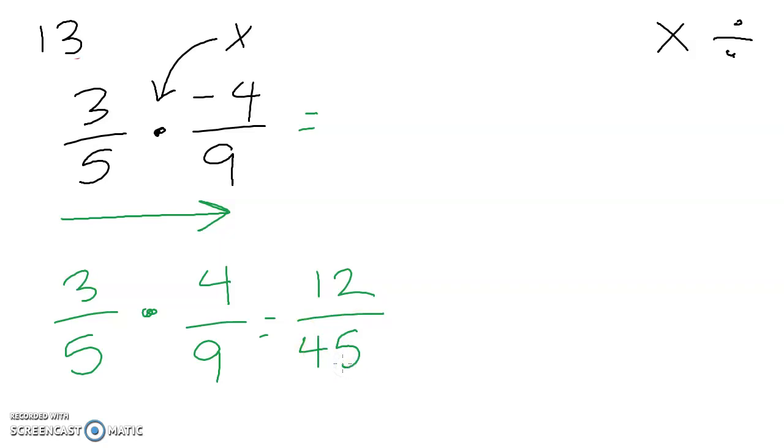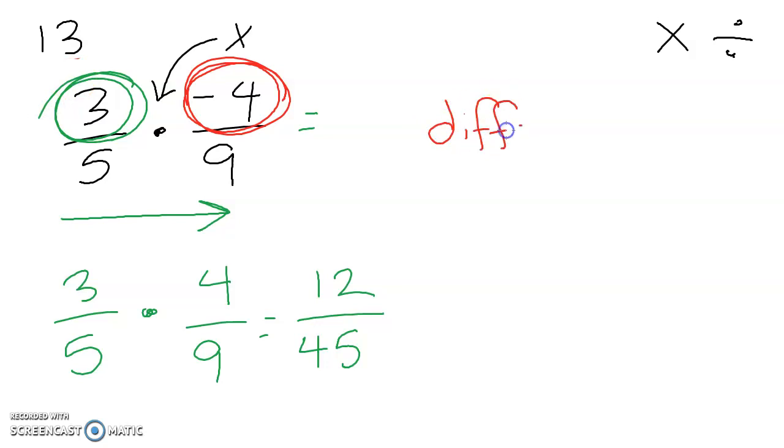Okay, now I have to go back in and add my sign though. There are no signs on the bottom, and that is a good thing. It makes it a little easier for us. So we just have to look at the tops. We have one that's a negative and one that's a positive. So I have just multiplied numbers that have different signs, so that means my answer is going to be negative.